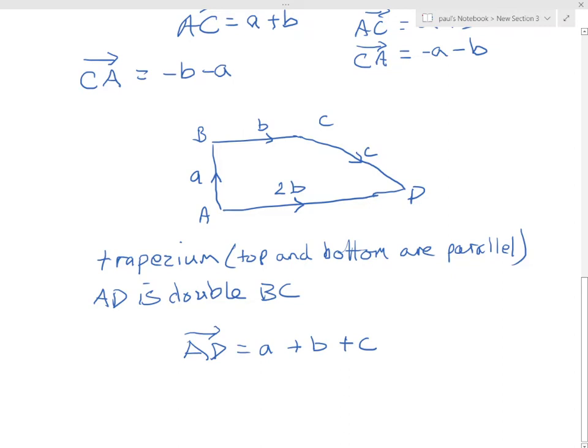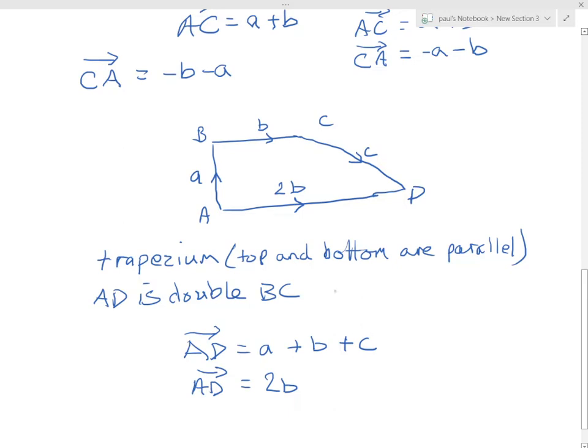But we've just thought that AD was 2B. Yeah, so AD is also 2B.